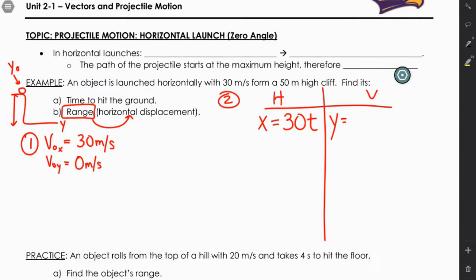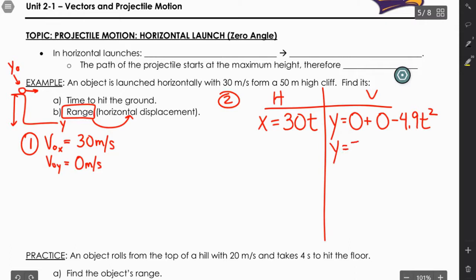But let's call our initial point, from where we're actually projecting the object, our 0 point. So you're going to get 0, that's our y0, plus 0 times t, that's v0y, minus 4.9t squared. So we can clean this up and just say it's y equals negative 4.9t squared.